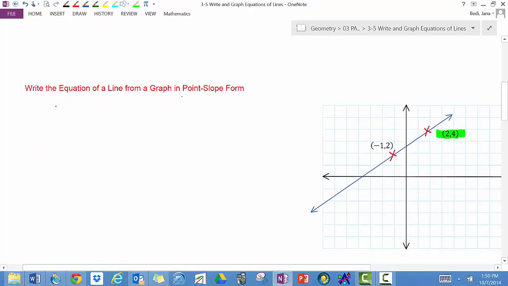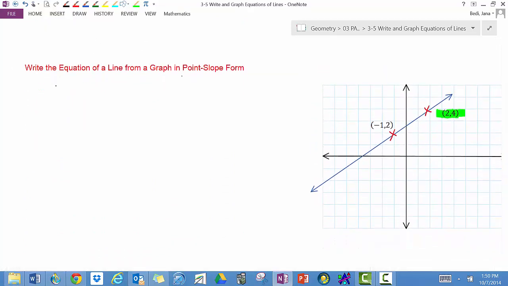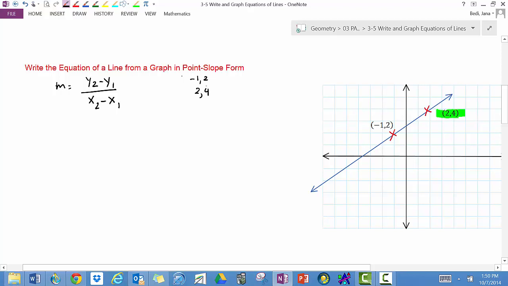Next, given 2 points, we are going to write the equation of the line in point-slope form. First thing we're going to do is find the slope. Again, I'm going to write it as (y2 - y1) over (x2 - x1). I find it helpful to line up the points, (-1, 2) and (2, 4). That way I've got the x's lined up and the y's lined up.